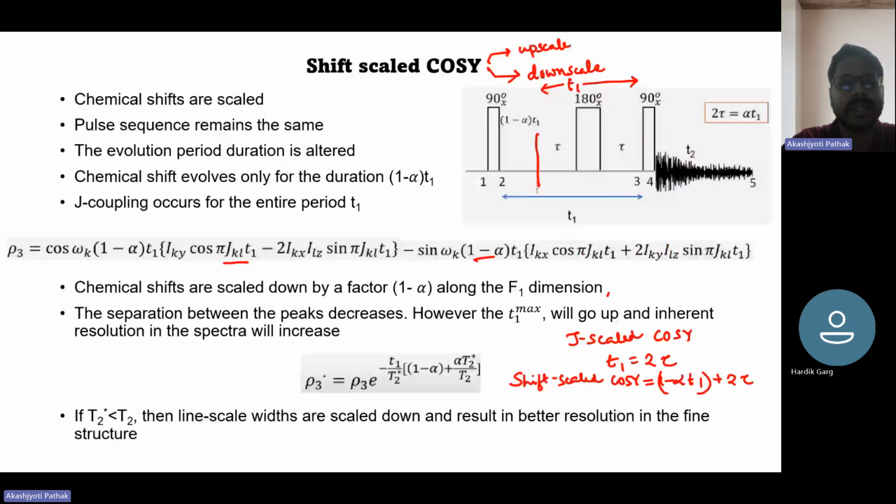What we saw just now is that in this shift scale COSY, this first sequence, the 1 minus alpha T1 period, causes the separation between the two peaks in the F1 dimension to decrease, because the chemical shift evolution is decreased. But in the lecture another pulse sequence was discussed, showing what changes can be made here that will cause upscaling, or increase the separation between the two peaks in the F1 dimension.